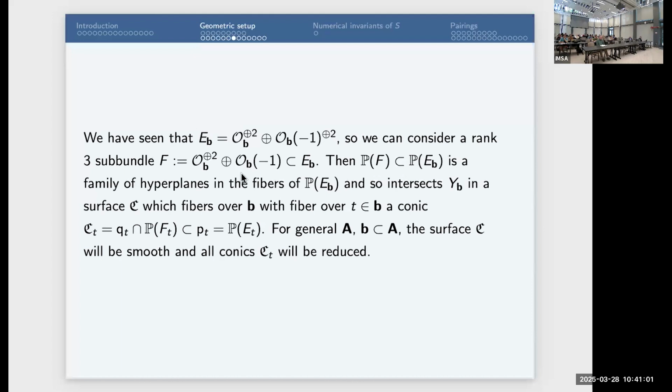So the trick is we're going to consider a subbundle F, which consists of 2 copies of the trivial and just 1 copy of the negative. So PB is a bundle of the phrase and in it we choose a subbundle of P2s.